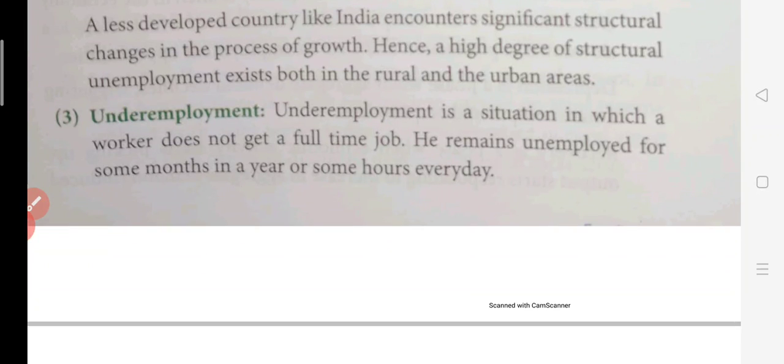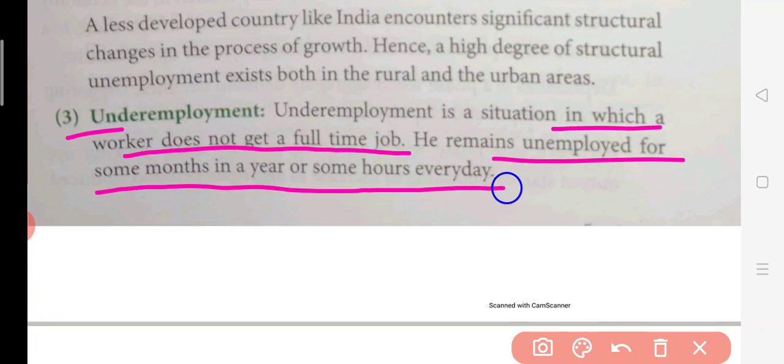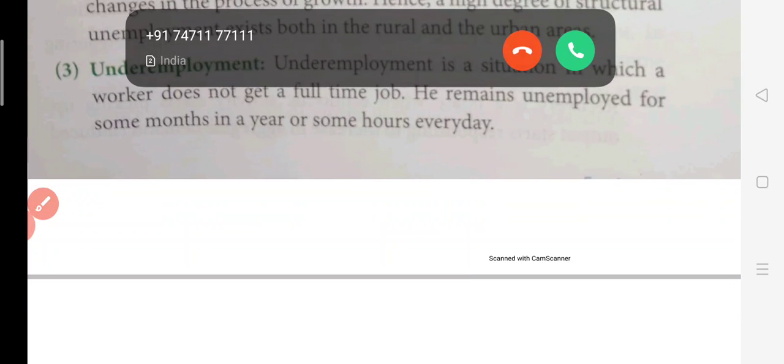Then what is underemployment? Underemployment is a situation in which a worker does not get a full-time job. He remains unemployed for some months in a year or some hours every day. So underemployment comes when the aggregate demand is not there.